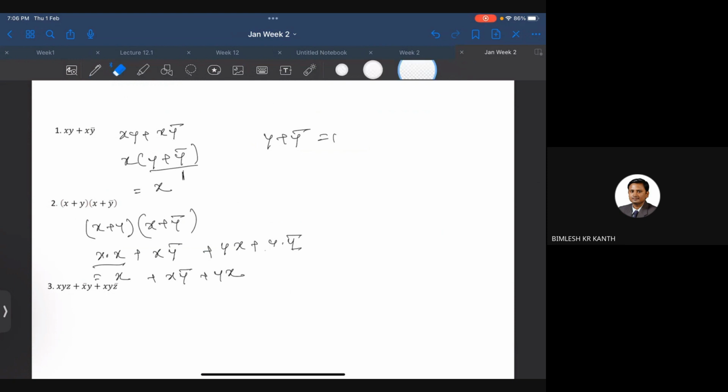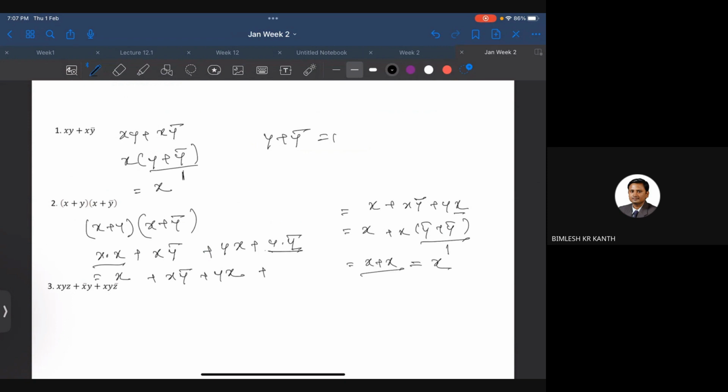So we get x plus xy bar plus xy. Again yx is xy only, and xy bar plus xy equals x only. So we can take x common: x times (y plus y bar), which is again 1. So x plus x will again be x.